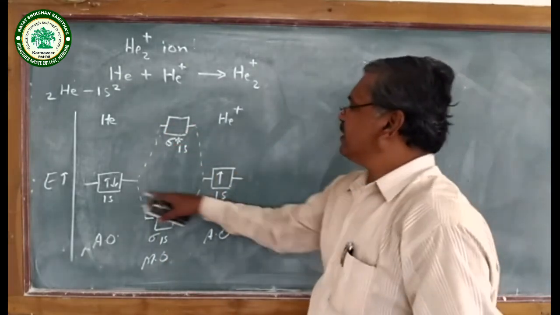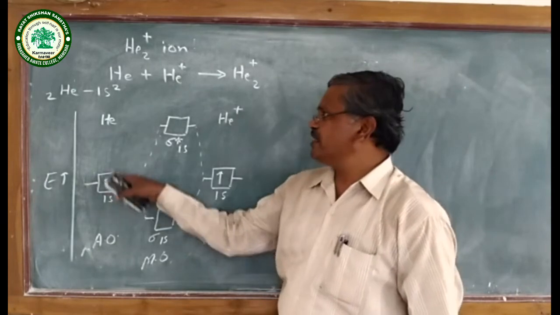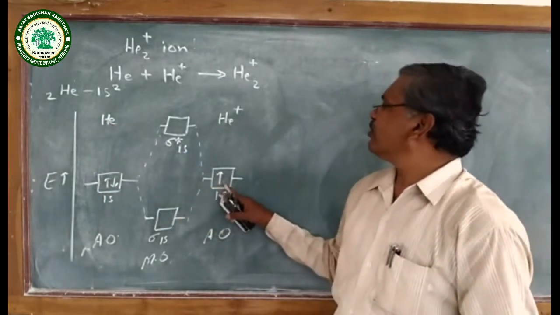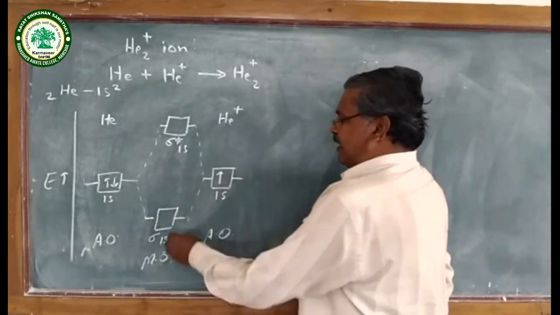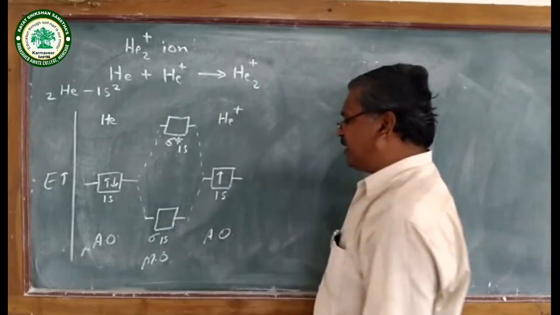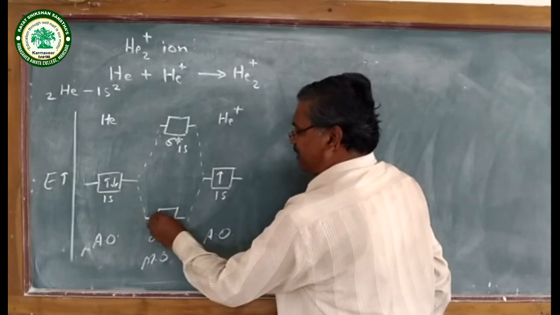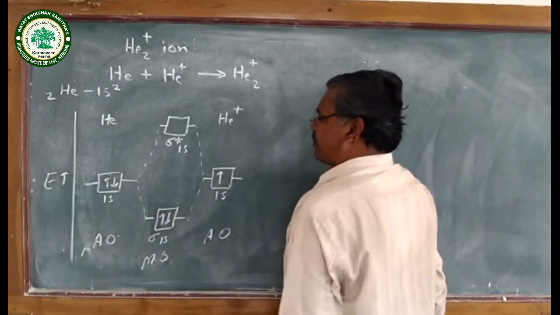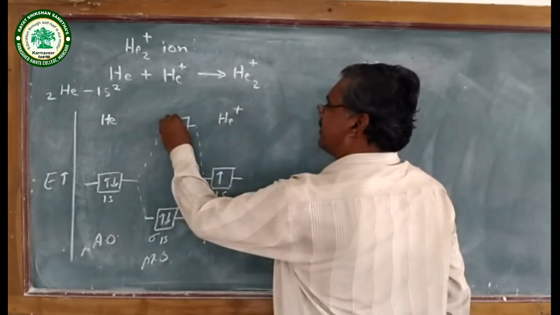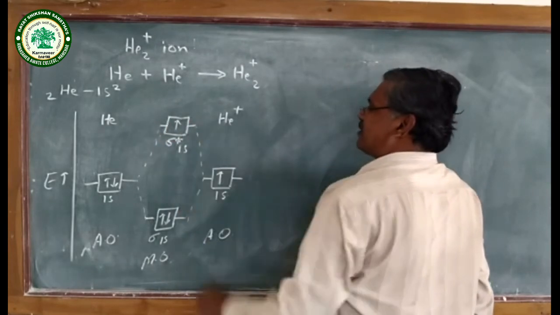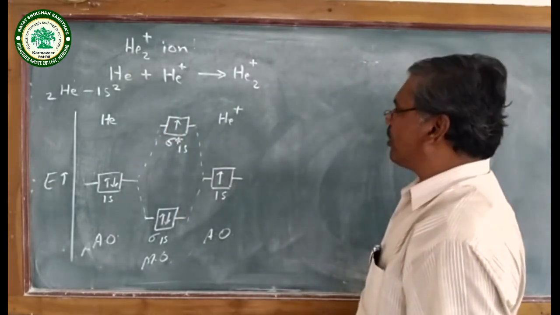Now there are three electrons: two electrons from the He atom and one electron from the He plus ion. Now we can fill up the electrons in the molecular orbitals. Each molecular orbital can accommodate two electrons according to the above principle, and the third electron will enter the sigma star 1s antibonding molecular orbital.